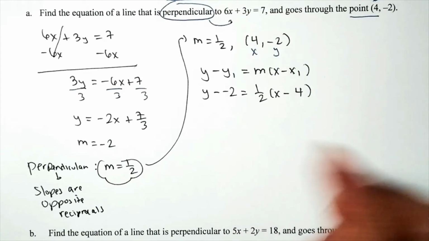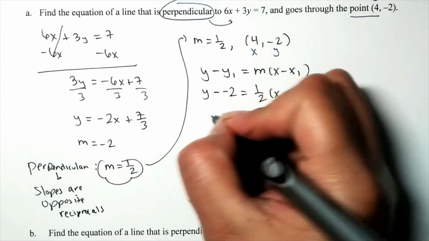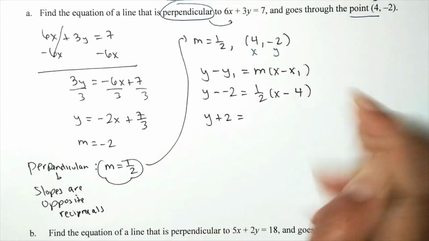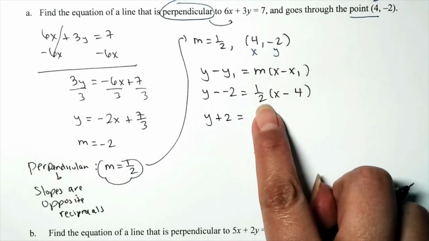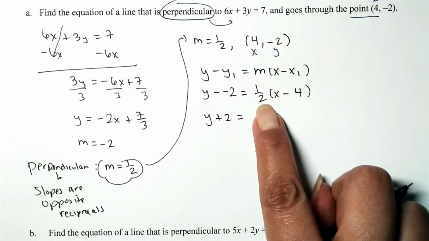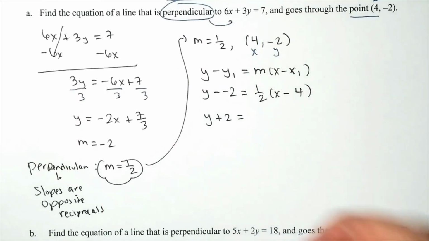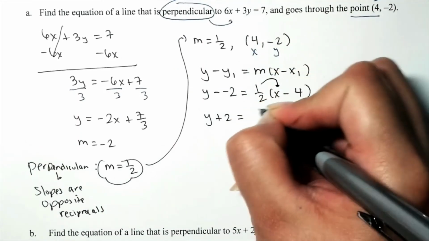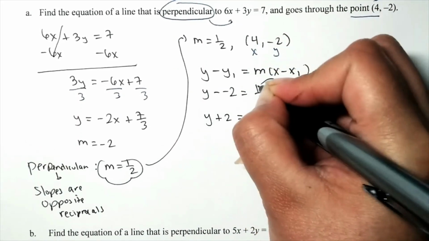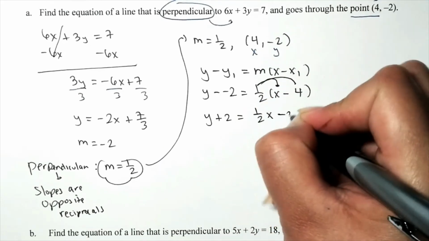Let's keep it going. Subtracting negative 2 is the same as adding 2, and you can distribute the slope or wipe out the fractions by multiplying both sides by 2. I'm going to keep the fraction. The product of 1/2 and x is 1/2 times x. The product of 1/2 and negative 4 is negative 2.